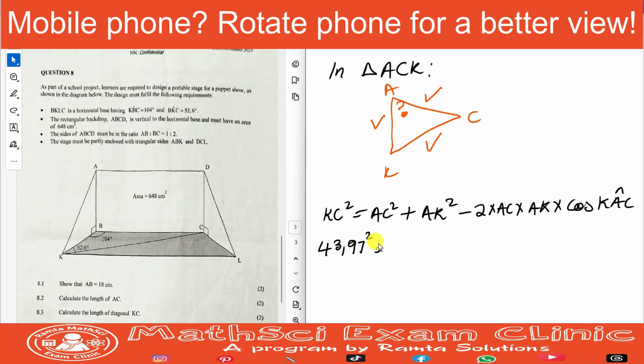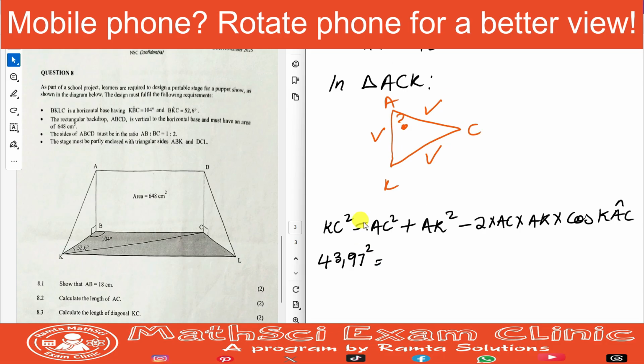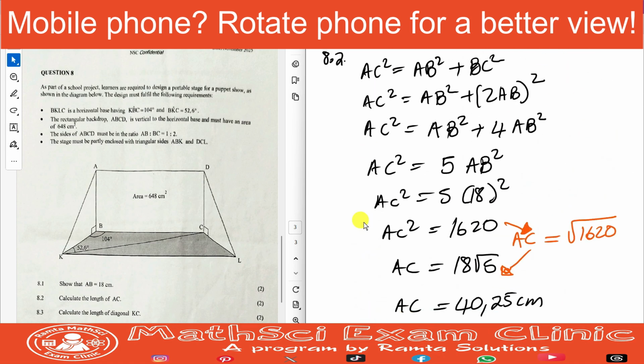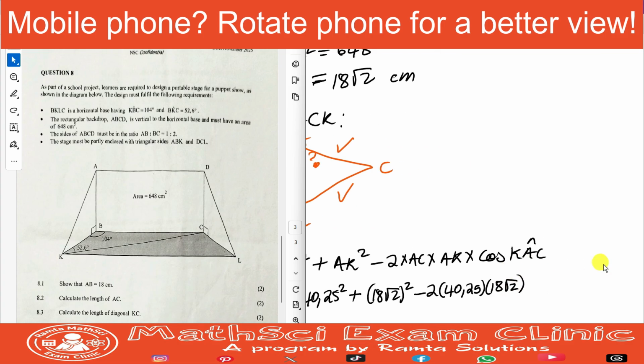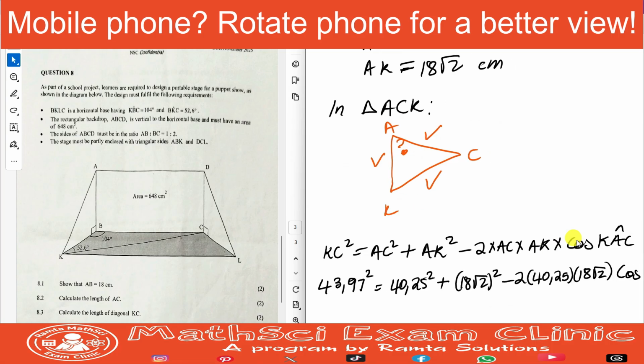What is AC? Did we find AC? Yes, it was 40,25. 40,25 squared plus, what is AK? I'm just going to write it as 18 root 2 as is, minus 2 times 40,25 times 18 root 2 times cos angle KAC.